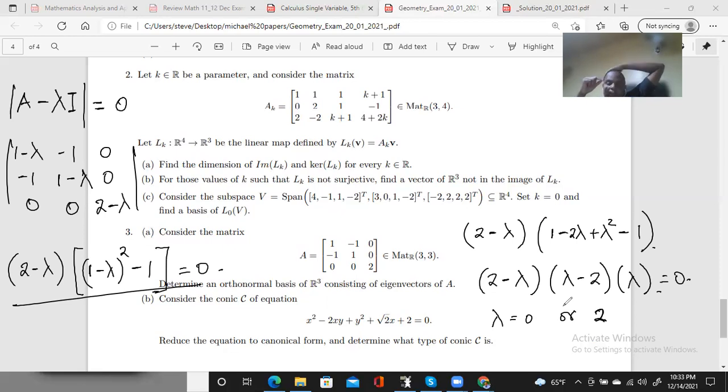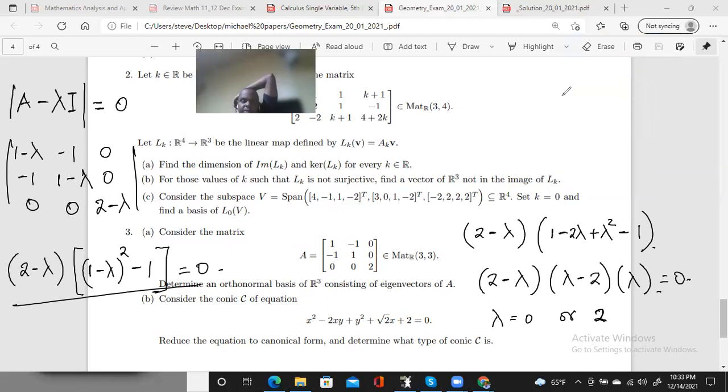Yes, even my polynomial is third degree. Can you give me your third degree polynomial? So I got lambda cubed minus 5 lambda squared plus 6 lambda minus 4. Like that? Yes.